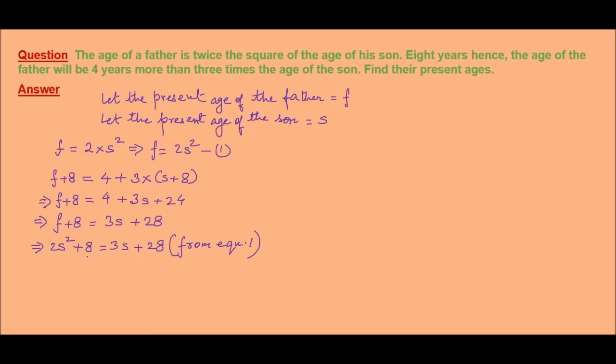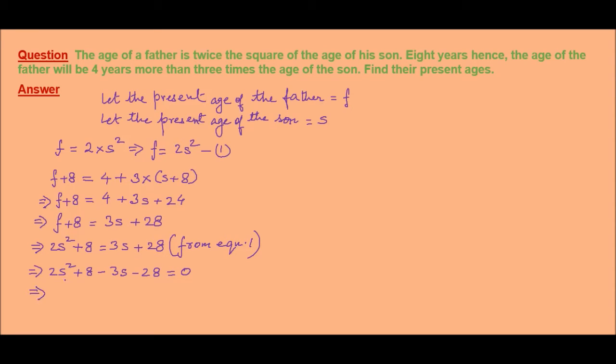If we add negative 3S and negative 28 to both the sides, we get this. When we add a negative 3S and a negative 28 to the right hand side of the equal to sign, we get a 0.